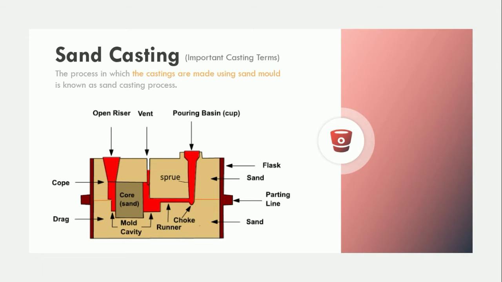So to have that kind of product, for such interior surfaces we have to insert something over there, and that insert is called a core, and cores are made by baking sand with some binder. So this is all about the important terms regarding casting, especially sand casting.